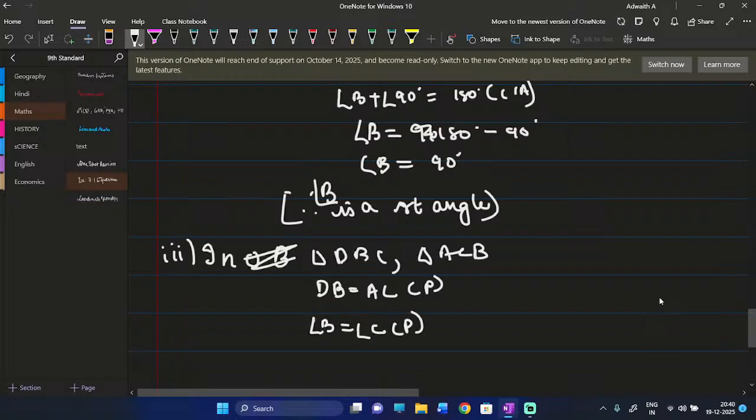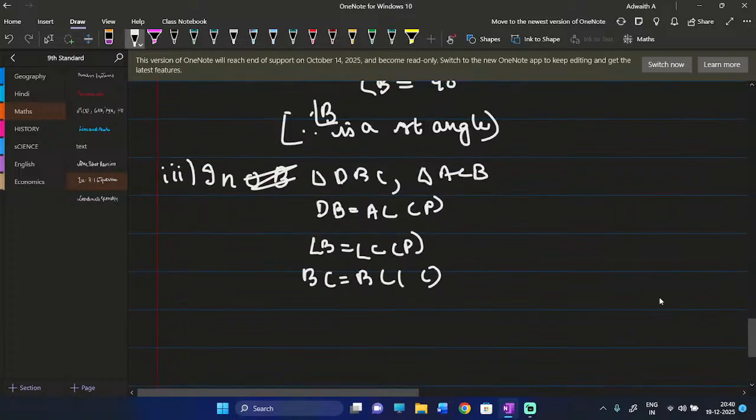We already proved all this. AC is equal to DB. Angle B is equal to angle C, which is already proved. And BC is equal to BC, common. By which theorem? SAS.